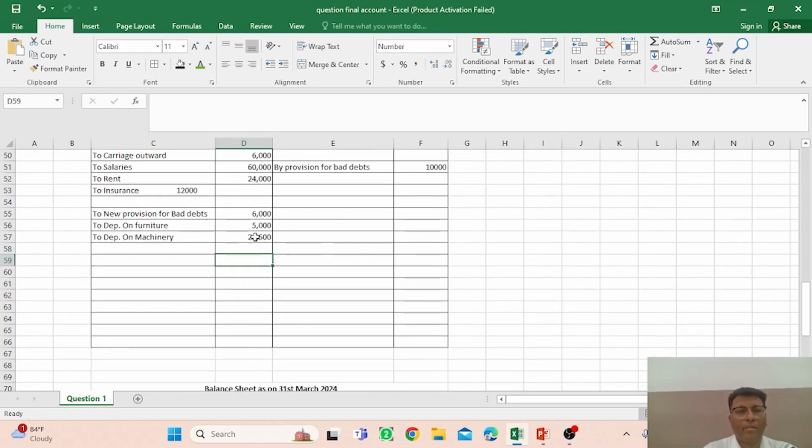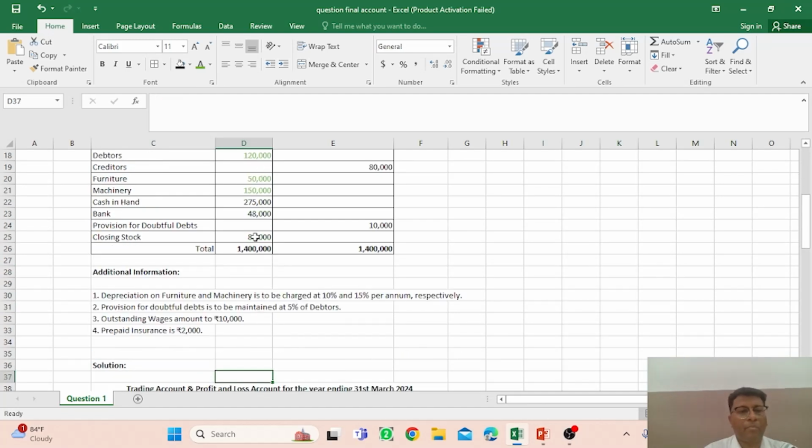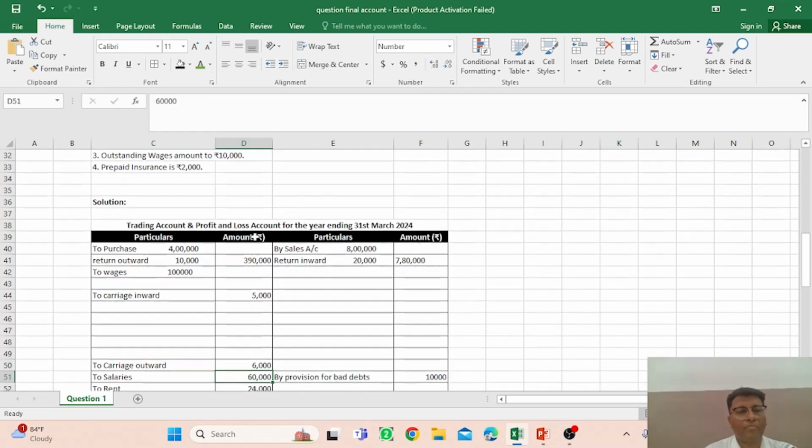We need another piece of additional information: provision for doubtful debts, already we have done it, and outstanding wages, amount rupees 10,000. So outstanding wages 10,000.